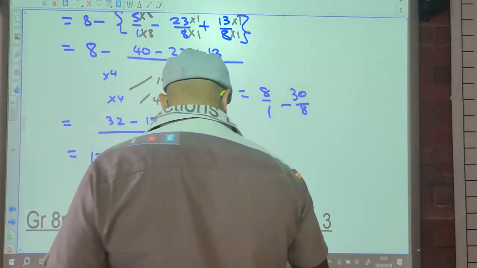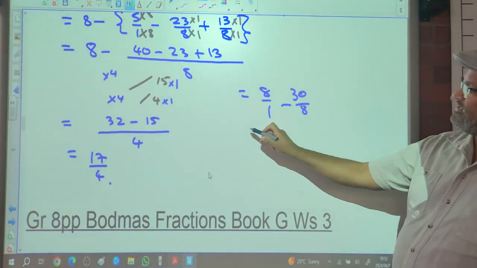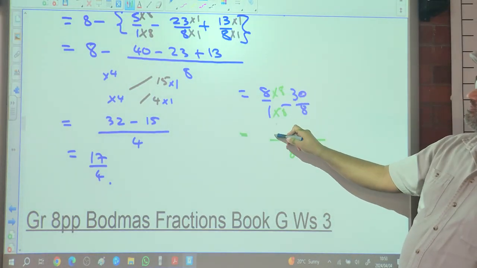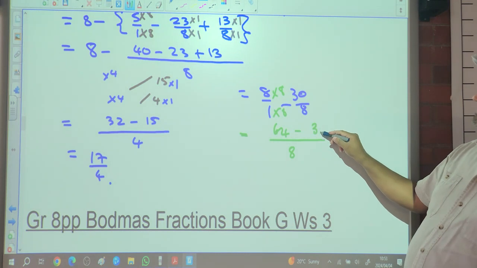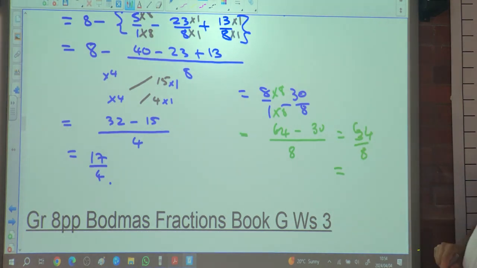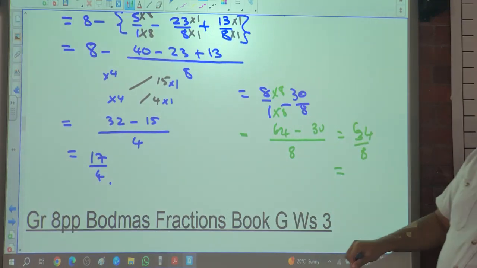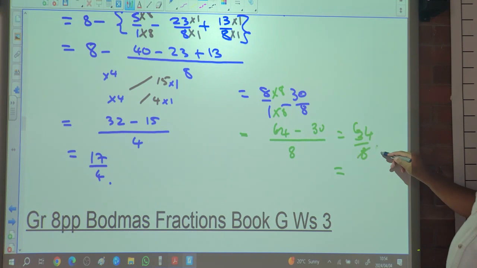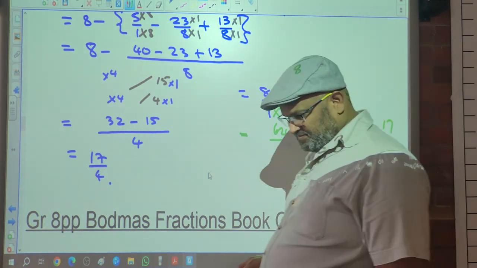You could simplify it to get your answer. You get 8 as an LCM. 8 times 8 is 64, minus 30, which is 34. 2 goes into here, 4 times. 2 goes into here, 17. Should we get the same answer?